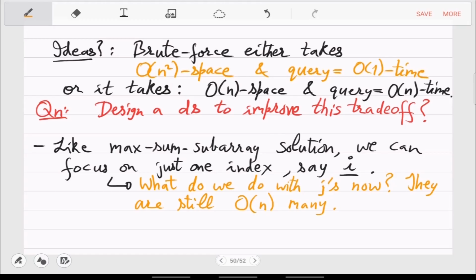There is no way to just forget or abstract out j, because the whole question is that the query can be with any j. So i to j, you have to find the minima. When you go from j to j plus 1, the minima may completely change. And when you go from j to, let's say, 2j, it may change in a completely arbitrary way that you can't keep track of.